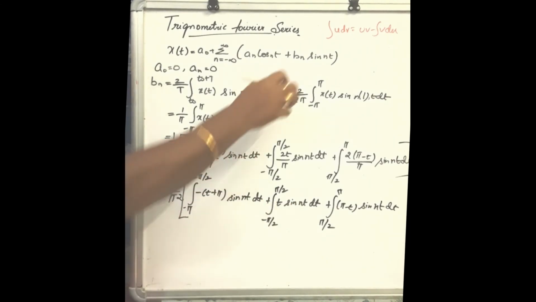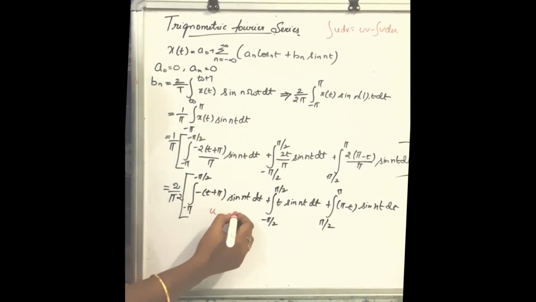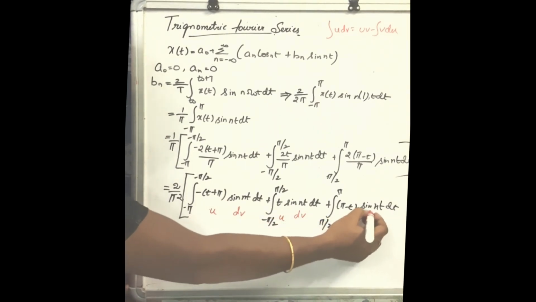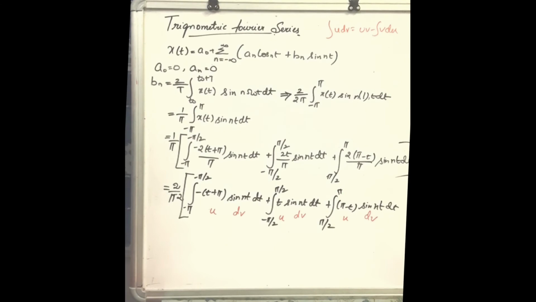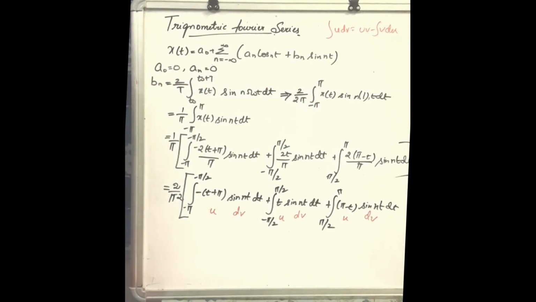Now, in all the 3 integrals, we see that there are 2 variables. So again, we have to go by integration by parts. Here this is u and this is dv, u, dv. Now we have to solve and find uv minus integral v du.